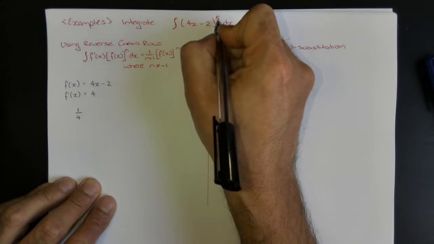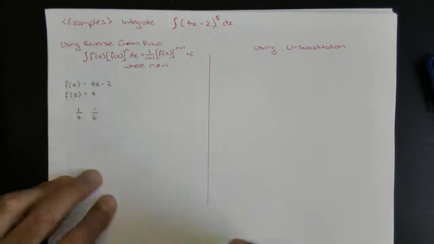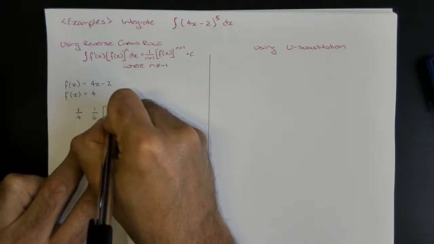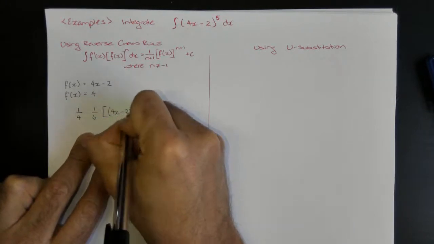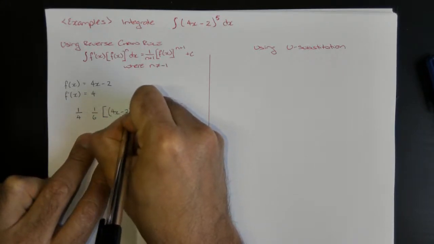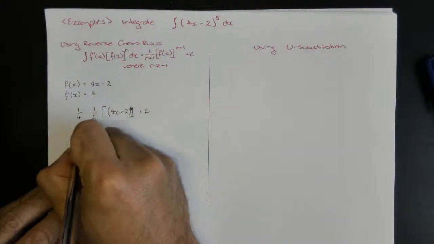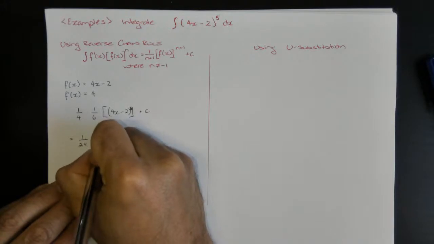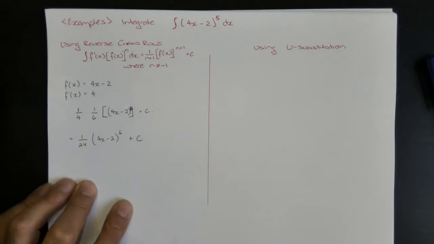We're going to raise the power, and divide by that power. The function stays the same. So raise the power plus c. So we get the solution of being 1 over 24 (4x minus 2) to the power of 6 plus that constant.